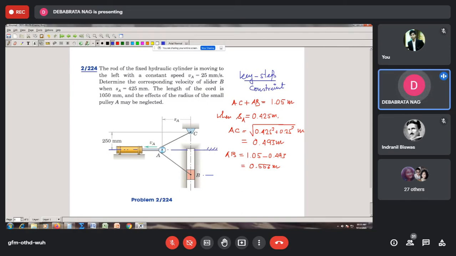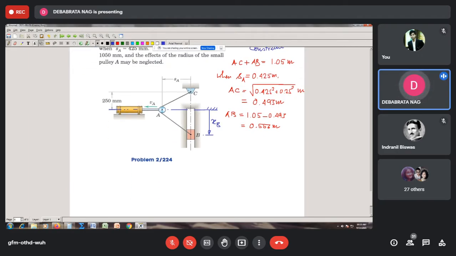And I take this as the position of block B. So I call this XB. Now I try to express my constraint condition. So what will be the constraint condition? Again, I like to see that AC plus AB equal to 1.05 meter.